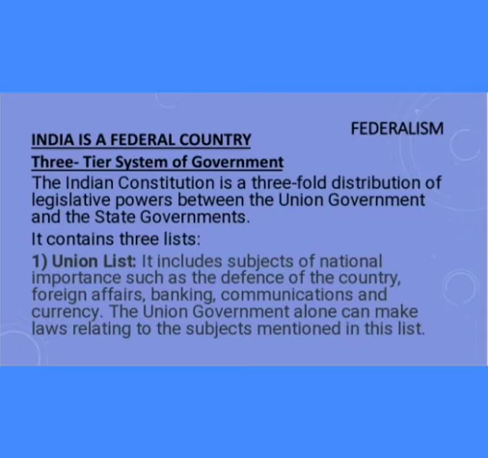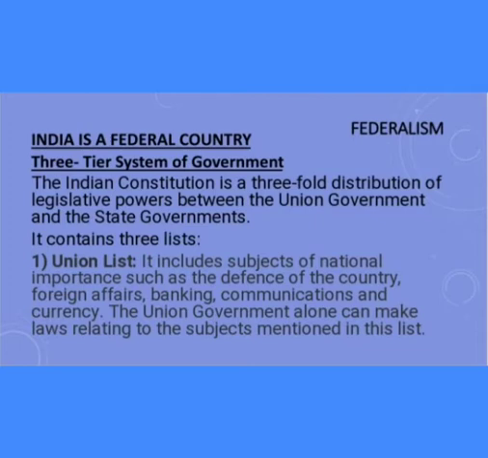As in any federation, these different tiers enjoy separate jurisdiction. The Constitution clearly provided a threefold distribution of legislative powers between the union government and the state government. Thus, it contains three lists. First one is the union list.